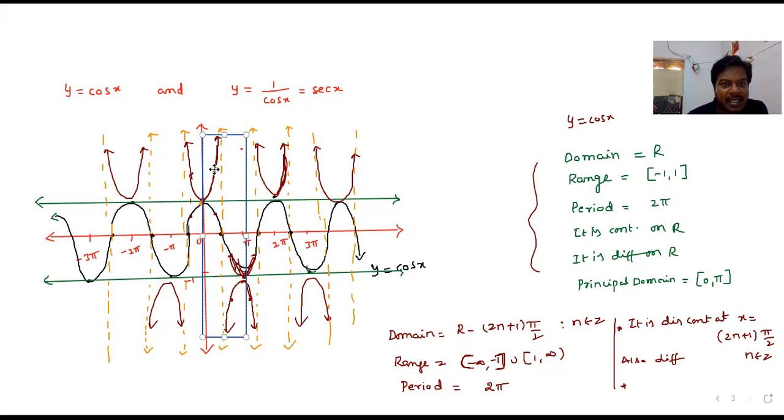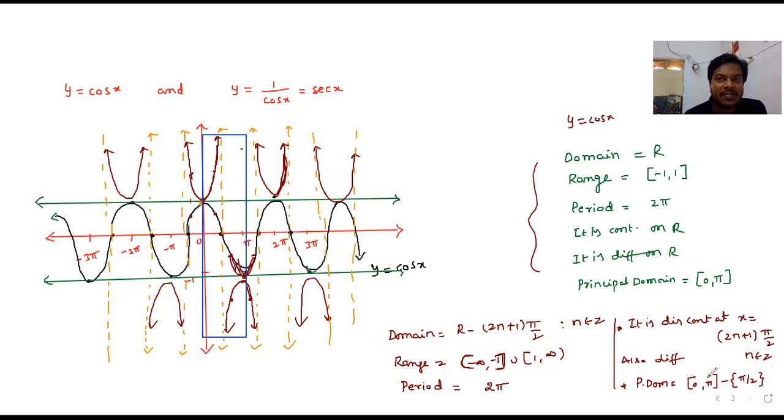Only there is a gap at x equal to pi by 2. Therefore, I can write the principal domain of this function is from 0 to pi except pi by 2.